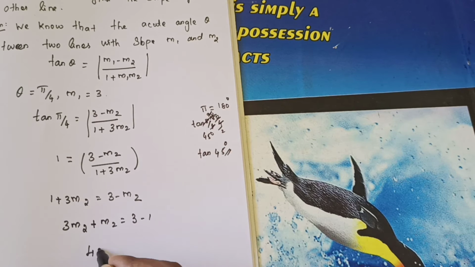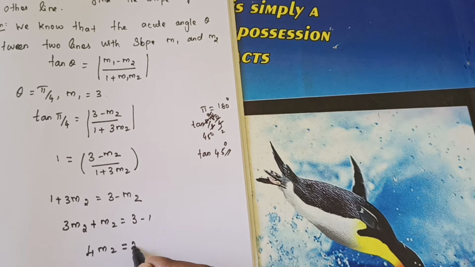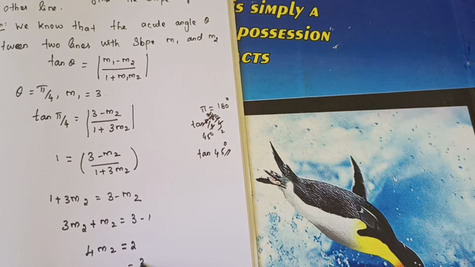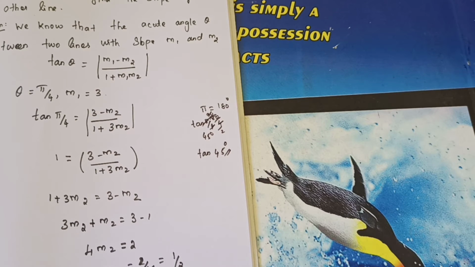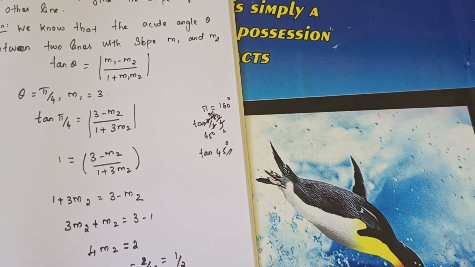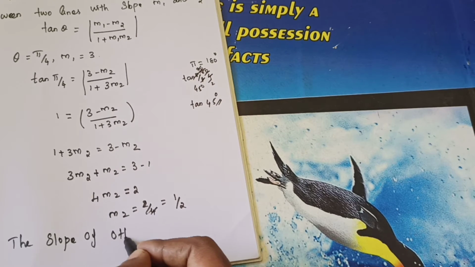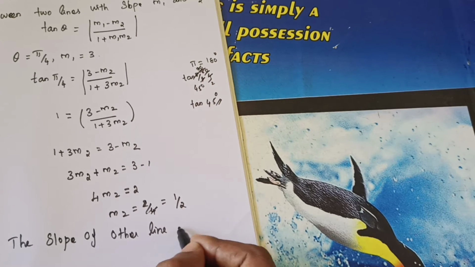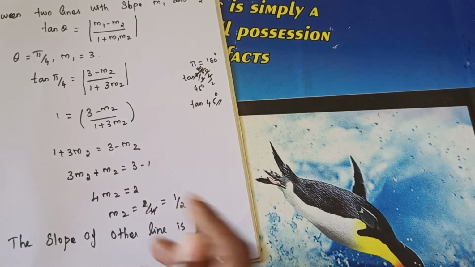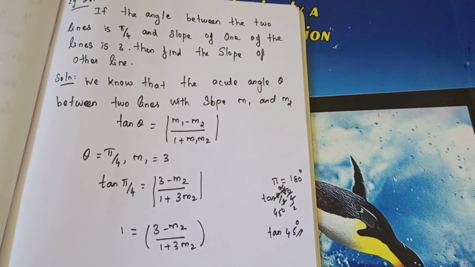So this one is 4m2 equal to 2. So m2 equal to 2 by 4, that's equal to 1 by 2. Understand? So what's the slope of the other line? 1 by 2. The slope of other line is 1 by 2. Understand? The slope of other line is 1 by 2.